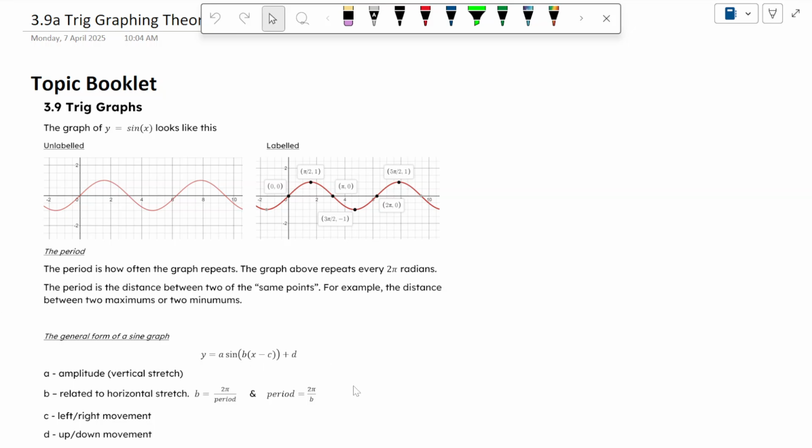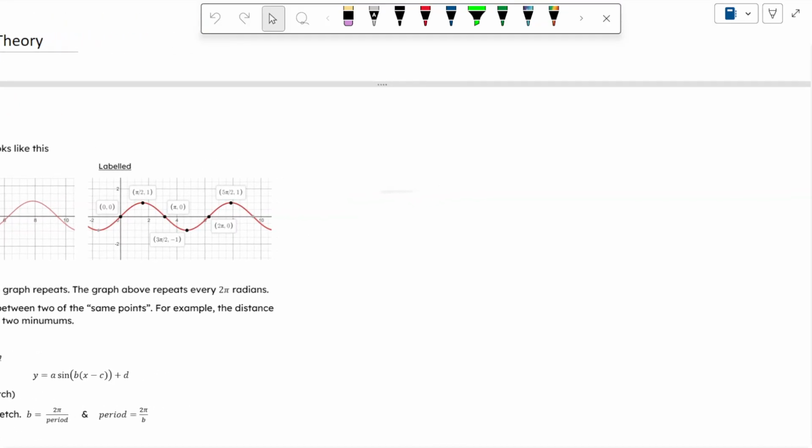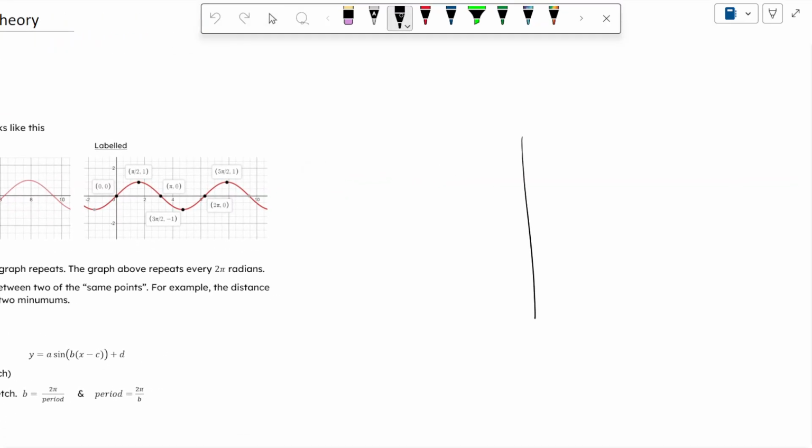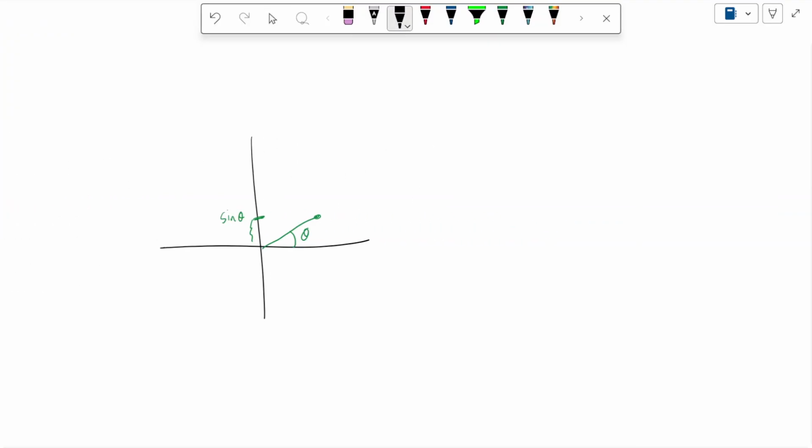Right, we're looking at trig graphs. Now, on a unit circle, we know that with an angle like this, the height is the sine value. So we can imagine sweeping this angle around.